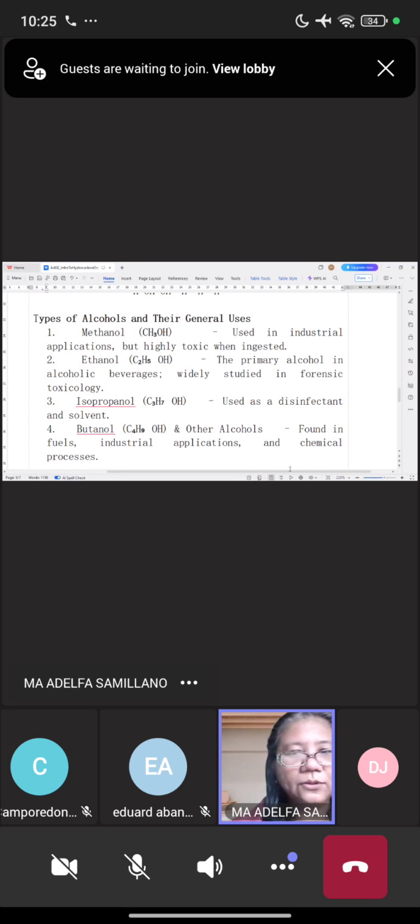Okay, how about ethanol? Ethanol is the primary alcohol in alcoholic beverages, particularly beer. Our beer is a product of fermentation of sugars or carbohydrates.